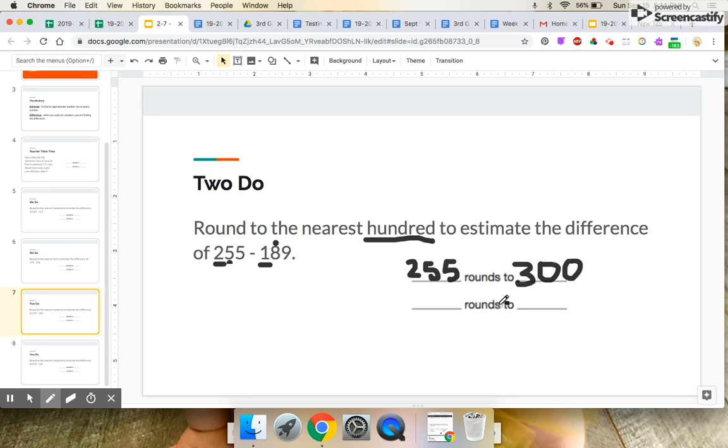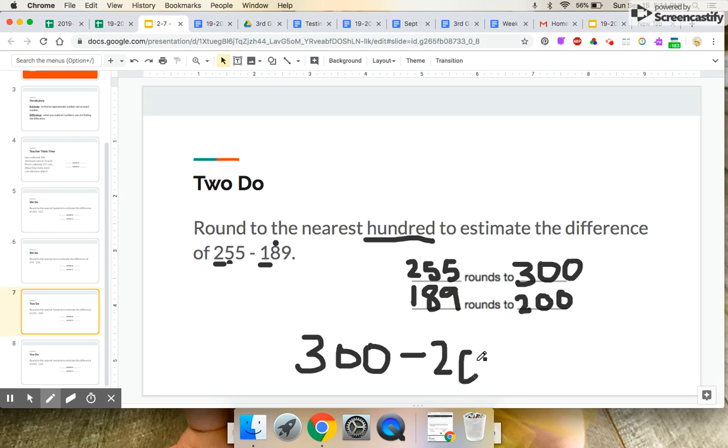Looking at my tens place, I have an 8, which means I'm rounding up, so 189 then becomes 200. When I'm subtracting, this makes it nice and easy for me. 300 minus 200 is going to be 100. So I know when I'm subtracting 255 minus 189, it's going to be about 100.